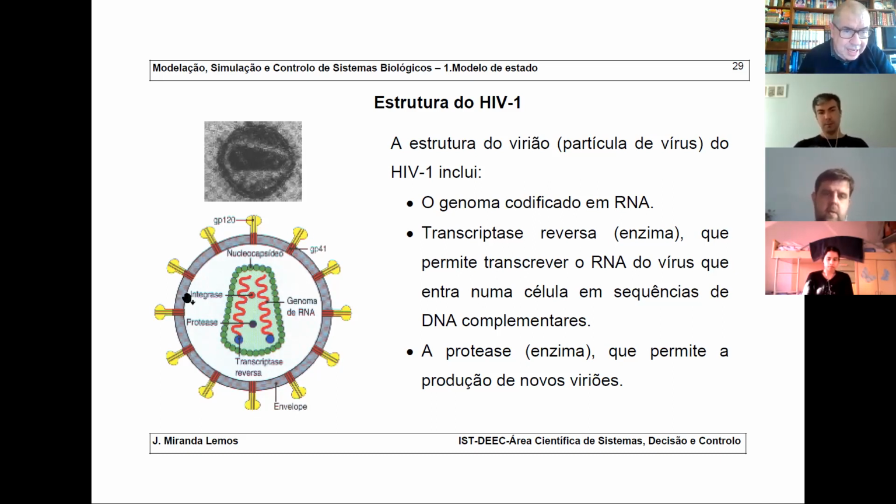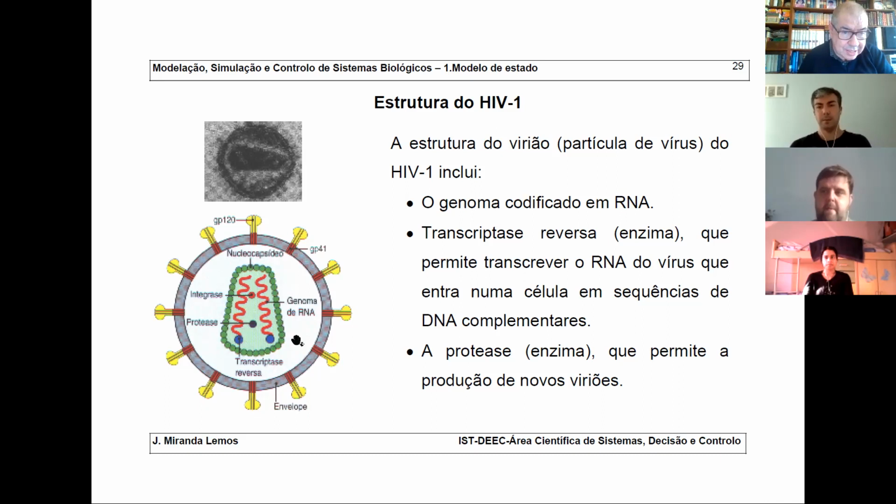And what is inside the virus particle? You have a part of RNA. You are familiar with RNA and DNA, no? The helix in the nucleus of cells.